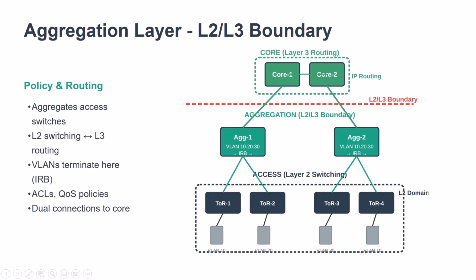Well, layer 2 provides flexibility for server placement and VM mobility within a VLAN, but layer 2 doesn't scale well across large networks due to spanning tree limitations and broadcast domains. So we route at the aggregation layer to keep layer 2 domains small and manageable. This is called a routed core switched access design.